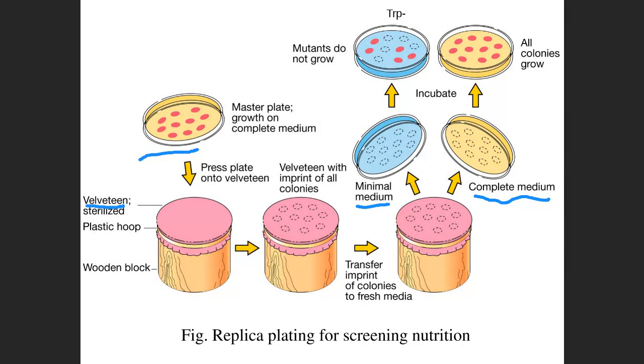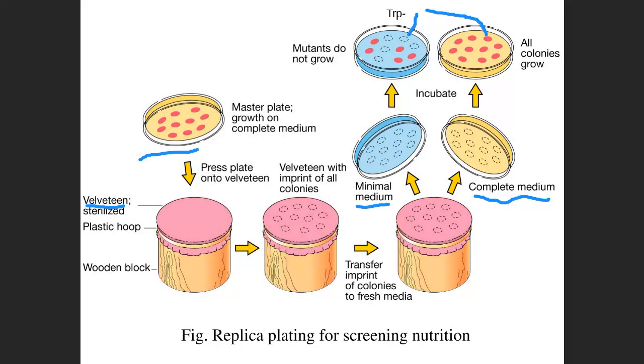If you look at this, the trp minus cannot grow on the minimal media because it needs tryptophan, but it grows on the complete media. So that's how you distinguish which one is trp minus, and that's how you isolate it.